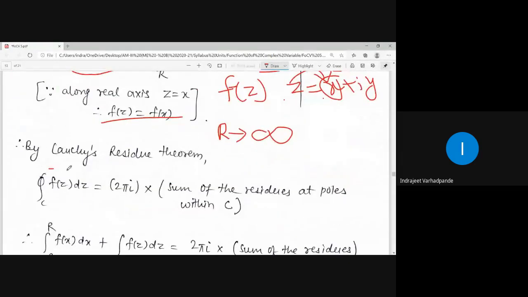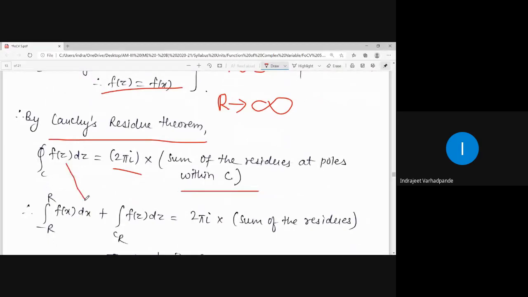Hence, by the Cauchy residue theorem, I know that the integral over closed curve C of f of z dz will be 2 pi i times the sum of the residues at poles within C. But what is this f of z? It is written in two portions, the integral from minus r to r of f of x dx plus the integral over CR of f of z dz, which will be equal to ultimately 2 pi i times the sum of the residues.